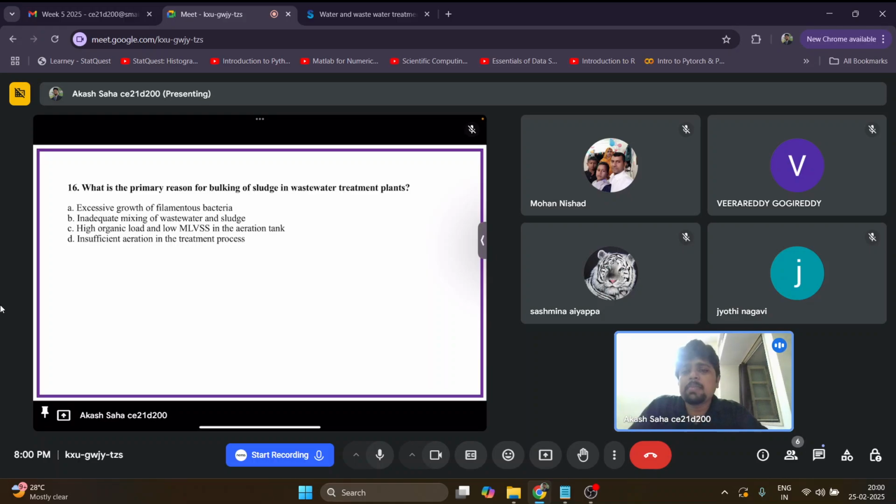What is the primary reason for bulking of sludge in wastewater treatment plants? Is it excessive growth of filamentous bacteria, inadequate mixing of wastewater and sludge, high organic load and low MLVSS in the aeration tank, or insufficient aeration in the treatment process?